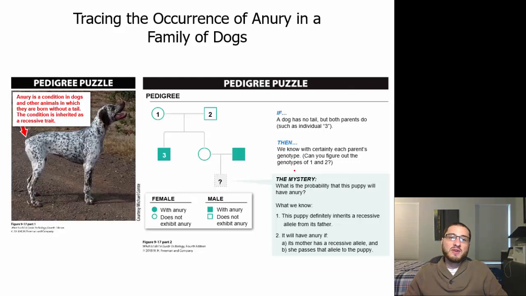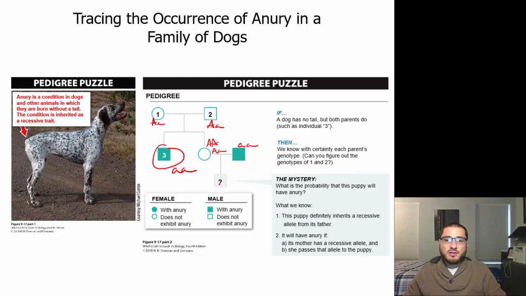So we know if anury is a recessive trait, then if both parents didn't have it, they must have been heterozygous, and the offspring must have received the two recessive ones. All right, this one, once again, could be heterozygous dominant, homozygous dominant, or heterozygous. And then this organism is lowercase, lowercase.